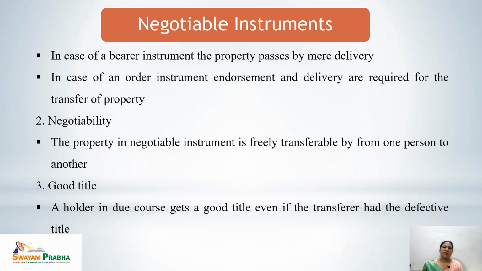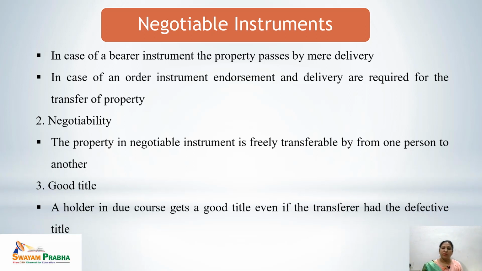In case of a bearer instrument, the property passes by mere delivery. We will read what is the meaning of bearer in the further slides. Here, just know that in case of a bearer instrument, only when the instrument is transferred is it known that the ownership has been transferred.